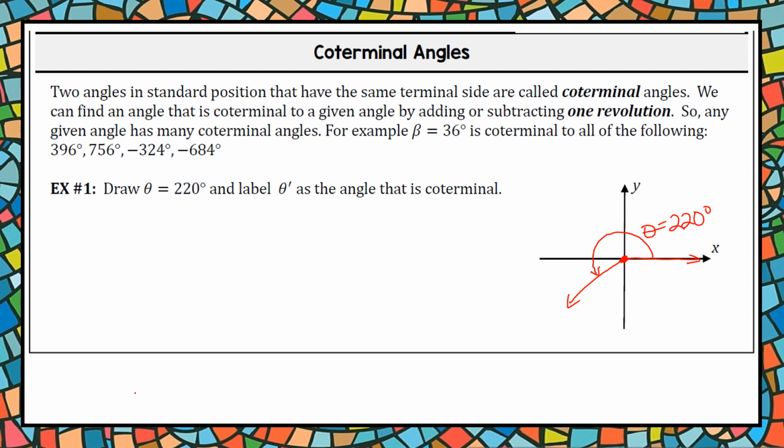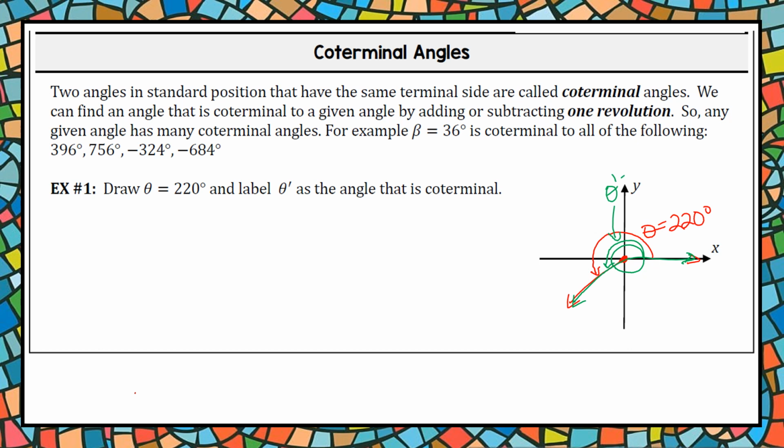If I take the same idea here, I've got my initial side, I've got my terminal side, but I have a couple of options. I could go in the same counterclockwise direction and do an extra revolution. So I could go around, and then go around a second time and end up in the same place. That right there would give me one coterminal angle.